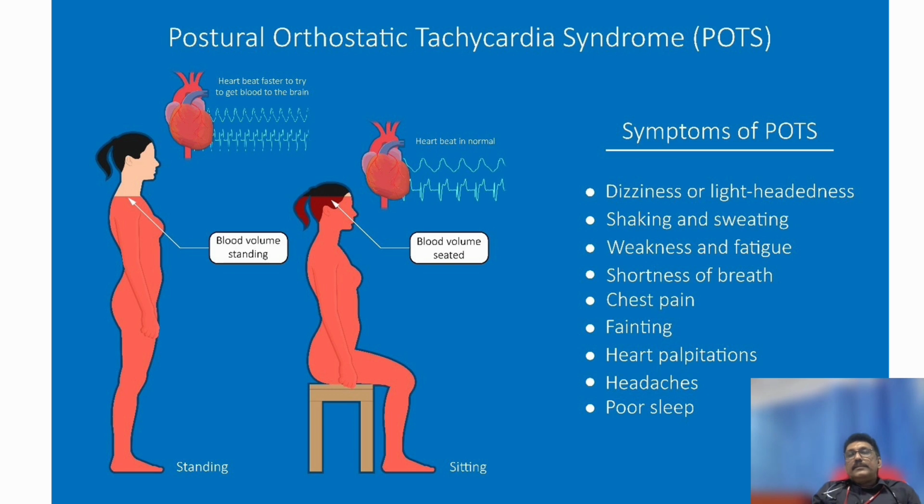But here the problem is the patient develops unusual tachycardia on standing up. When there is tachycardia, we already know the perfusion can come down slowly, so that produces some lightheadedness in the patient. They don't develop a syncopal attack, but they can have a pre-syncopal attack. So there will be tachycardia, and after tachycardia there will be a slight decrease in BP. We miss the diagnosis most of the time because we are focusing on the diagnostic criteria for orthostatic hypotension.